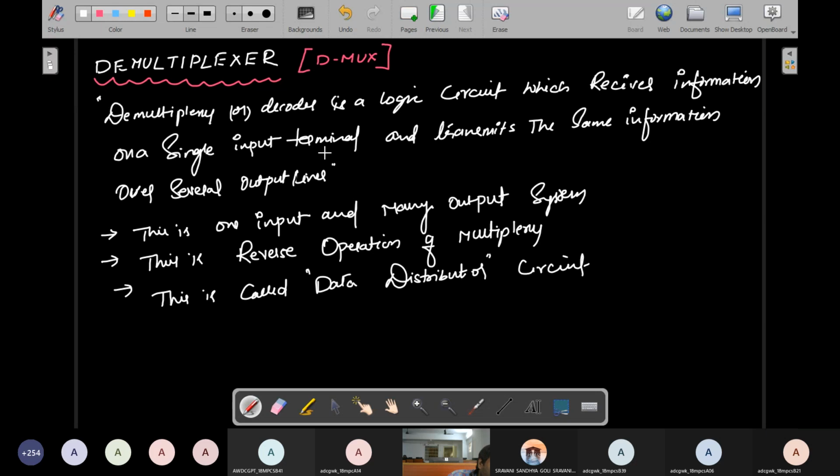Please note everybody, I'll move to the next page to draw the block diagram. The 1:n demultiplexer block diagram I will draw here.